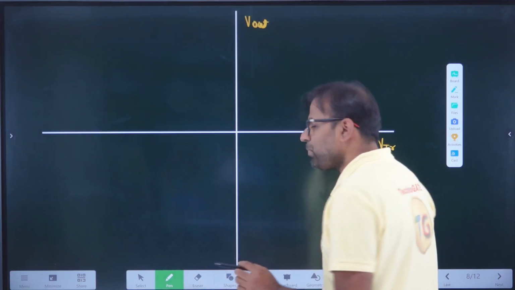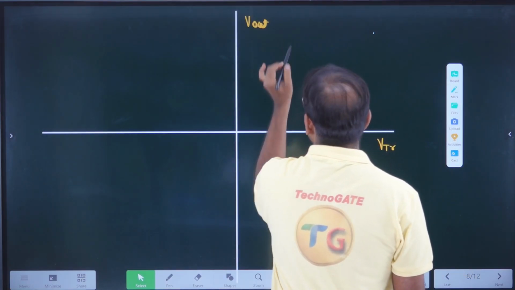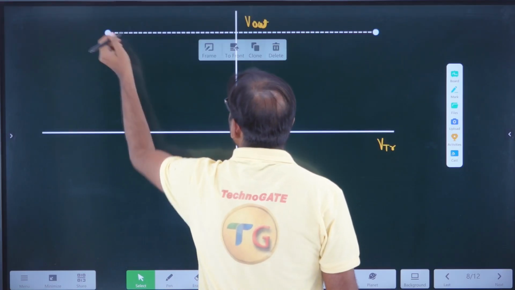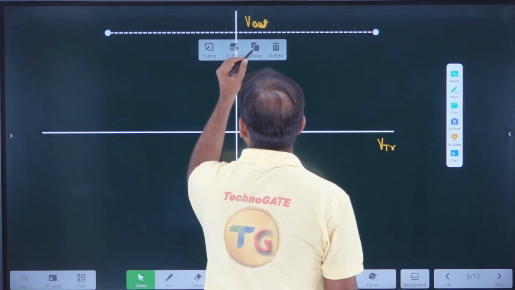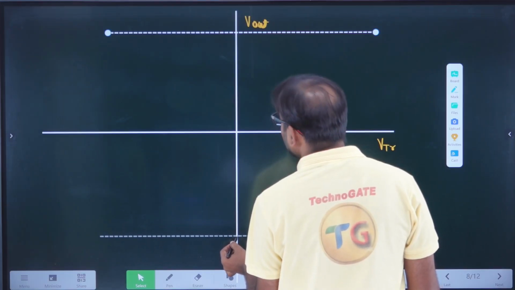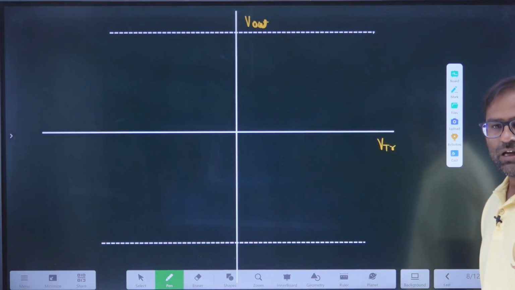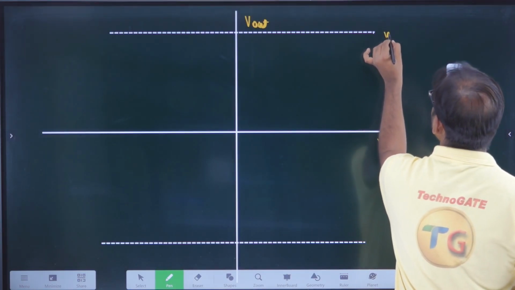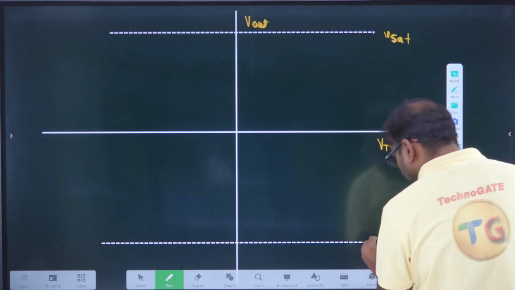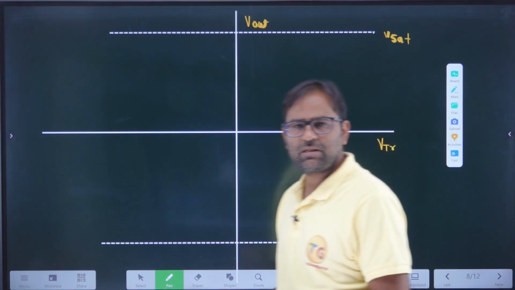As we know, the output of the op-amp cannot go beyond plus V saturation, so here we will draw the voltage known as plus V saturation, and here one more voltage, minus V saturation. These are the two highest possible outputs. I am calling this plus V saturation and this minus V saturation. Correct? These are the two possible outputs.